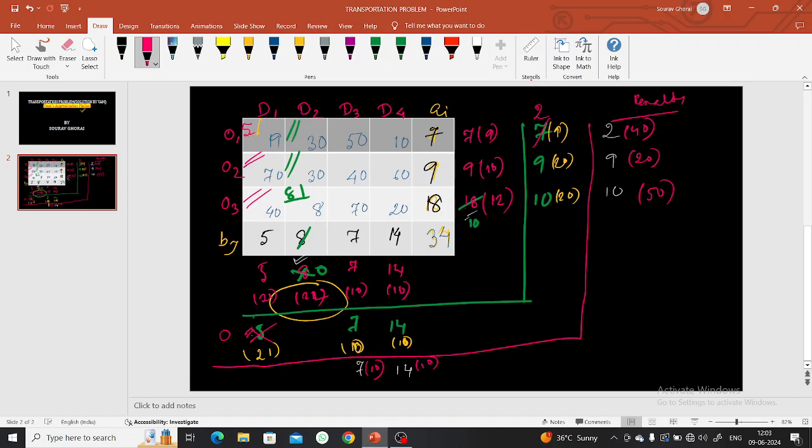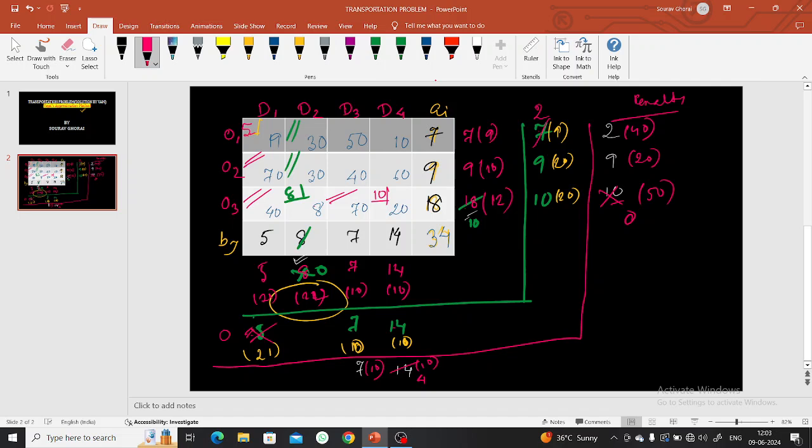That is 50. In this row, which one is the minimum? 20. The demand is 40 and the supply is 10. So put 10 here. 14 will be converted to 4, and this row is now exhausted. This will be 0.